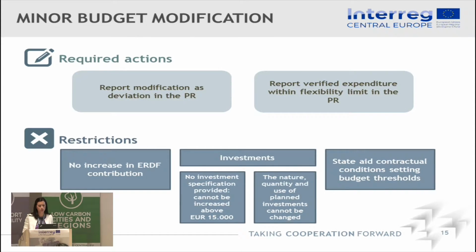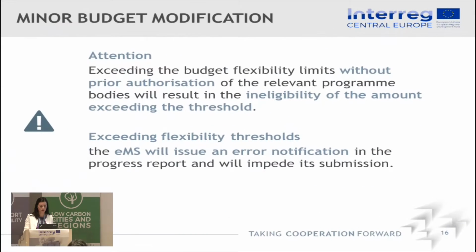And then there could also be state aid contractual conditions, and you also have to respect the thresholds set in these contractual conditions. Just for your attention, if you exceed these budget flexibility limits without prior authorization, these amounts would be ineligible.